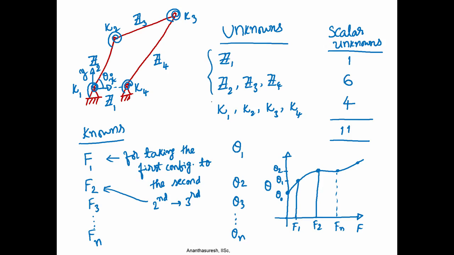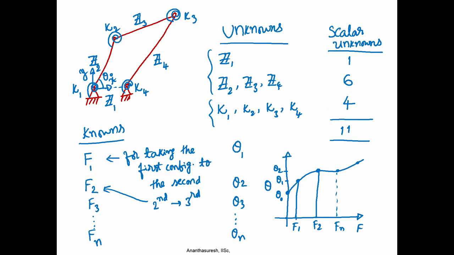So, we know forces and we know thetas, those are known, and the initial configuration and the spring constants are our unknowns. So, you have to count the unknowns and try to get as many equations as needed to solve for these things. Now let us recapitulate the unknowns.